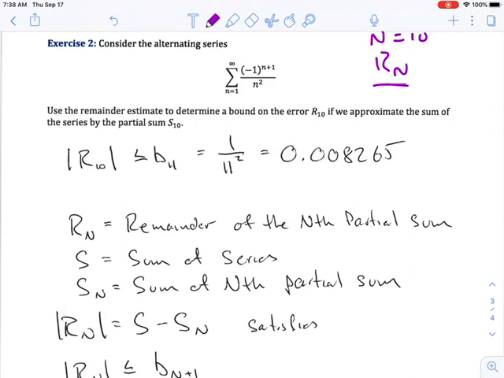So in this particular example, it says use the remainder estimate, determine a bound for r sub 10. That would be the remainder of the 10th partial sum, if we approximate the sum of the series by using the 10th partial sum.